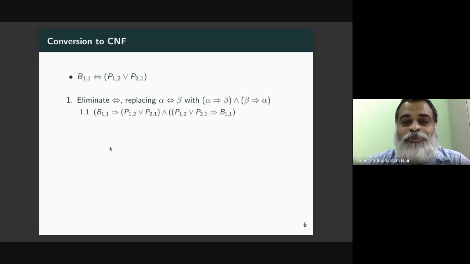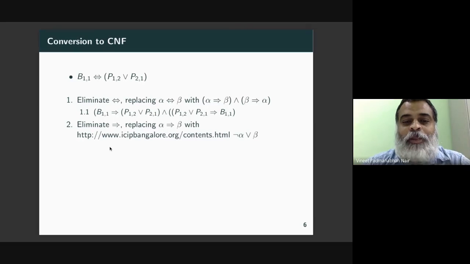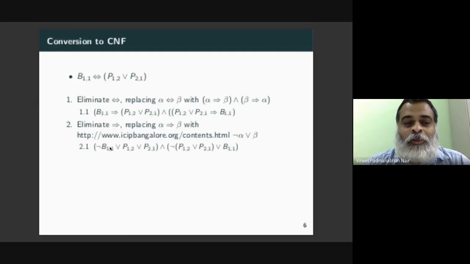So the first step is to eliminate the biconditional, replacing it with the implication, which I have done. Now, what could be the second step? Removing the implication. Okay. So eliminate the implication, since something else has come in, I have to remove that. So now I remove the implication.